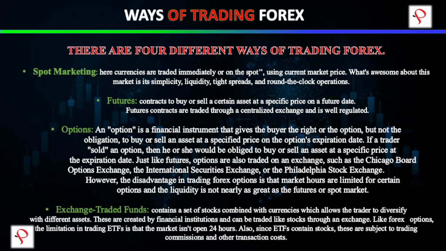Just like futures, options are also traded on an exchange such as the Chicago Board Options Exchange, the International Securities Exchange, or the Philadelphia Stock Exchange. However, the disadvantage in trading Forex options is that market hours are limited for certain operations, and the liquidity is not nearly as great as the futures or spot market.